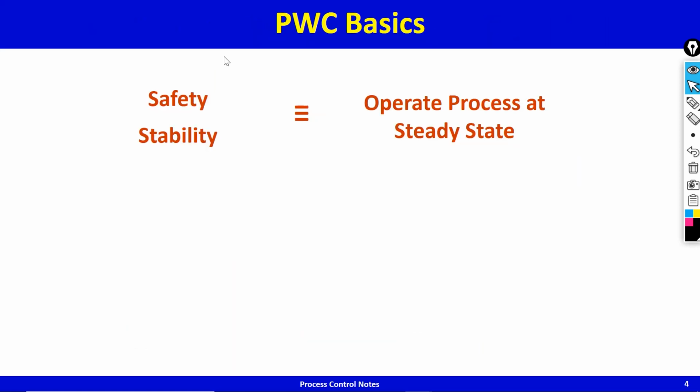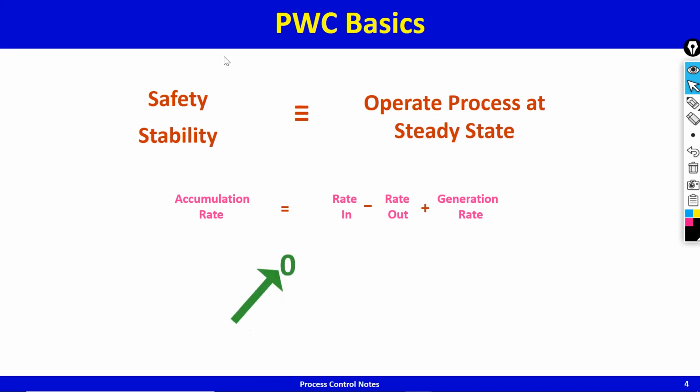Now, safety and stability in chemical engineering is typically guaranteed if you can operate the process at steady state. And how do you get steady state? Well, all that you do in chemical engineering is write balances for material, energy, components, and the accumulation rate of that particular inventory is equal to rate in minus rate out plus the generation rate of that particular inventory.